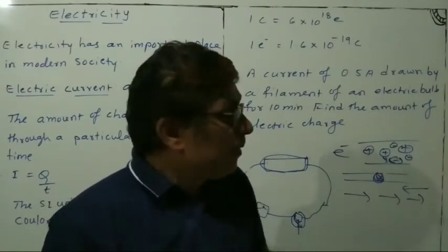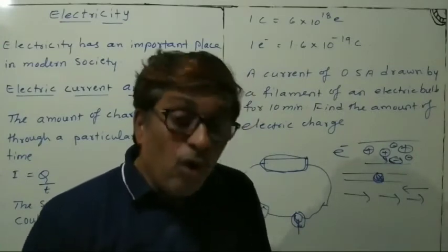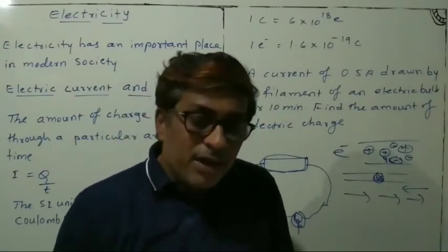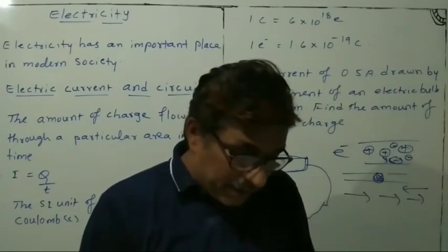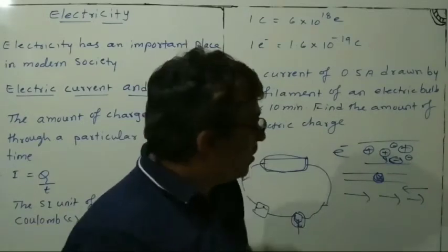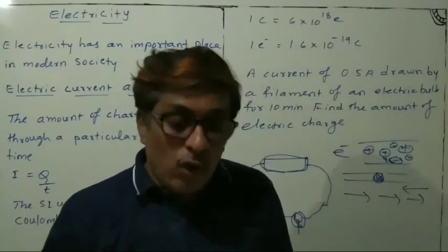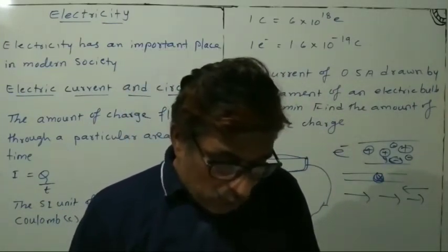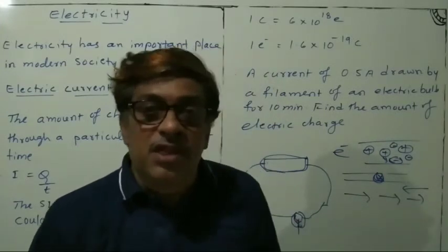That is why they took this direction as the flow of electric current. But conventionally, in an electric circuit, the direction of electric current is taken as opposite to the direction of flow of electrons, which are negative charges.